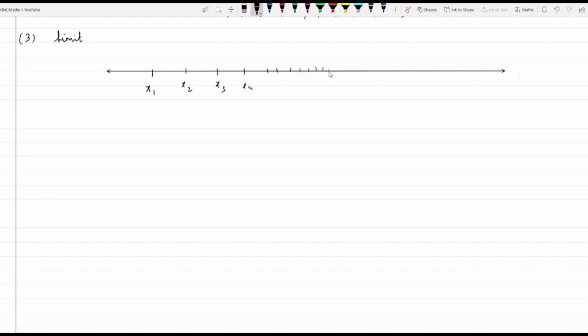By limit, we actually figure out if these terms of the sequence are moving closer to a point called P. If it happens so, we say that P is the limit of the sequence. If it doesn't happen, we say that P is not the limit of the sequence, and we end up saying that the sequence is a divergent sequence.